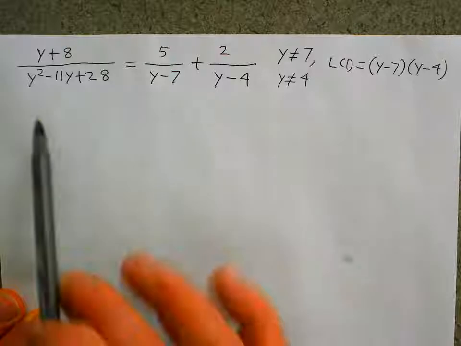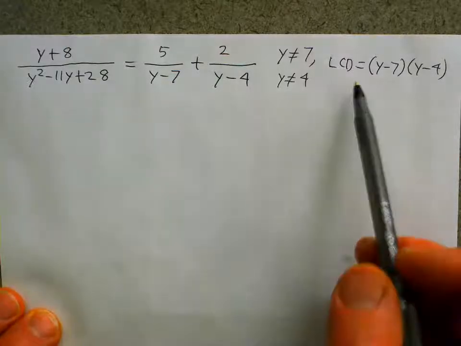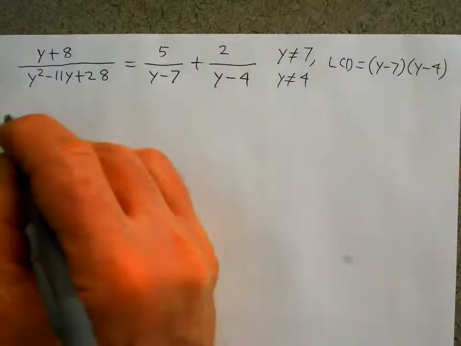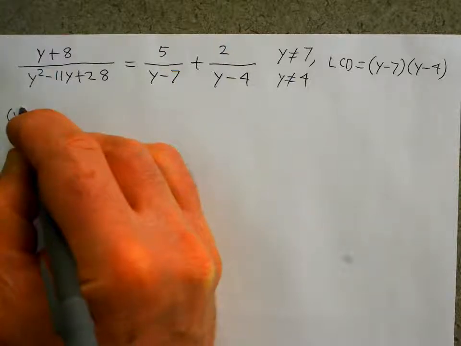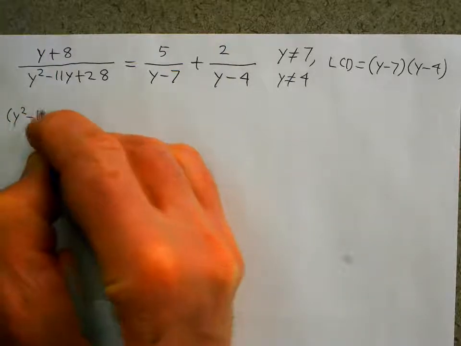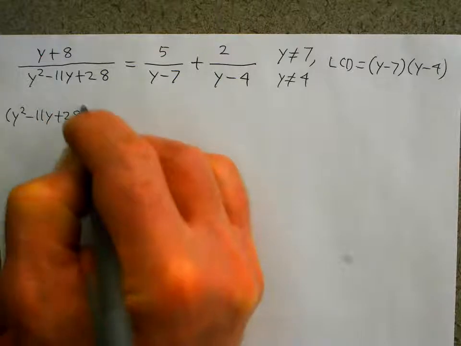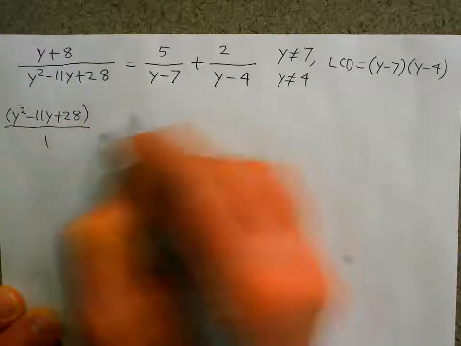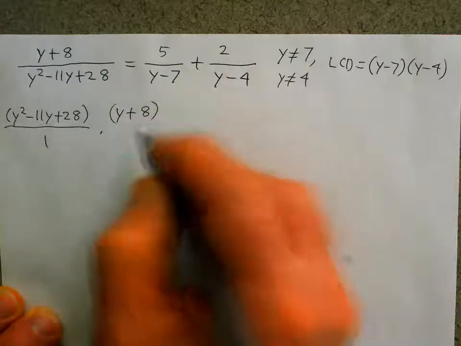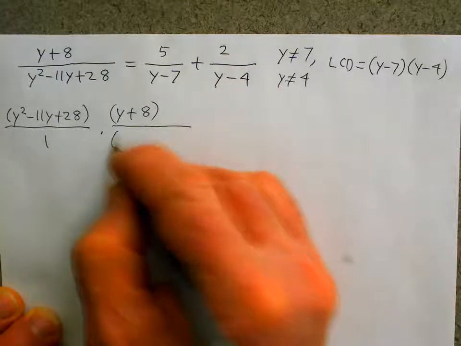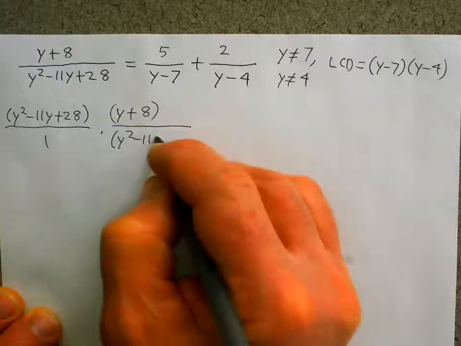So we multiply every term on both sides by the least common denominator. On the left-hand side of the equation, y squared minus 11y plus 28 over 1 times y plus 8 over y squared minus 11y plus 28.